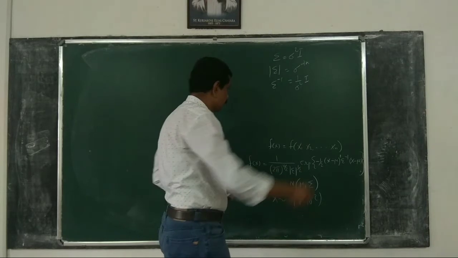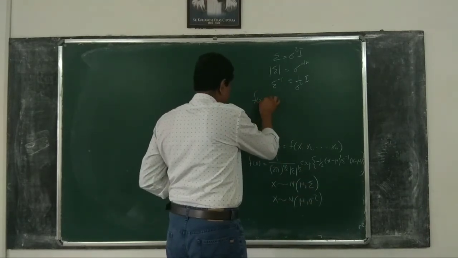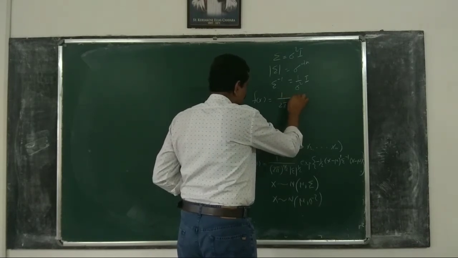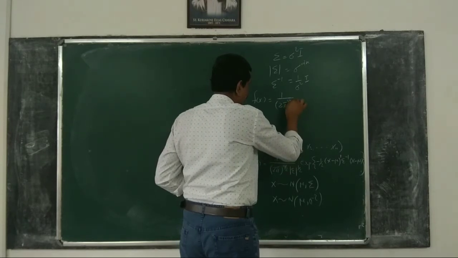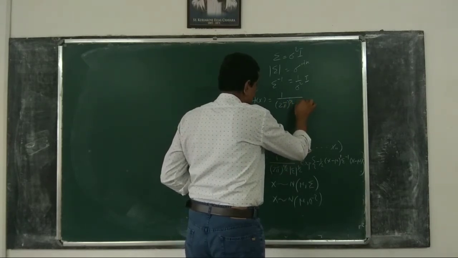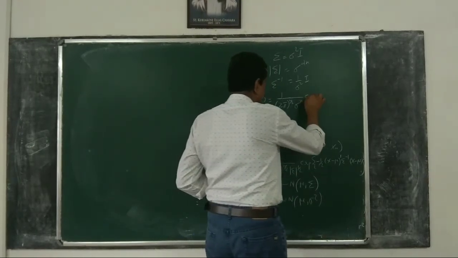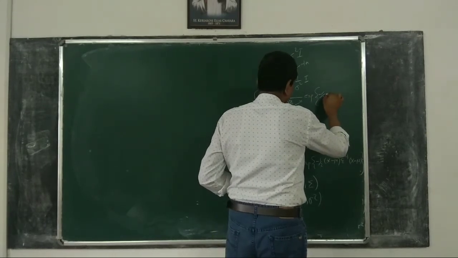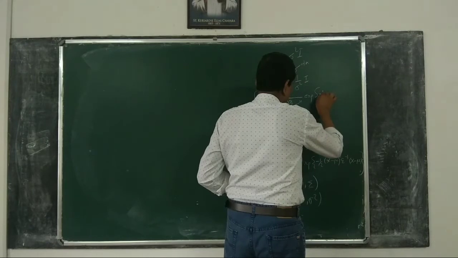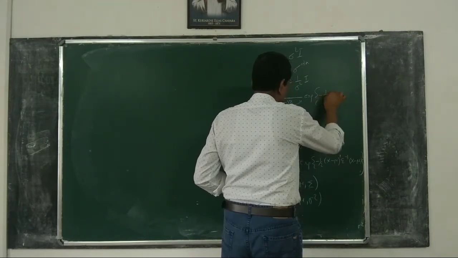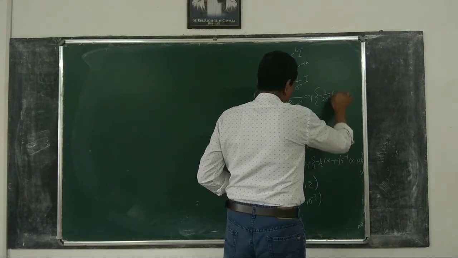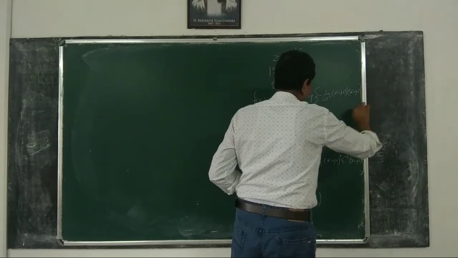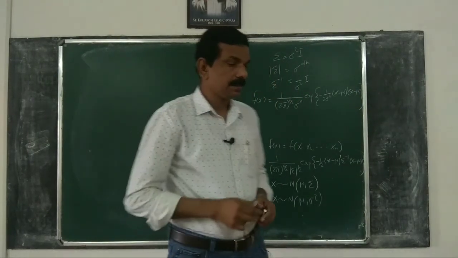Then this f of x becomes f of x is equal to 1 by 2 pi raised to n by 2, sigma raised to n, times expected, minus half into sigma square, x minus mu transpose x minus mu.